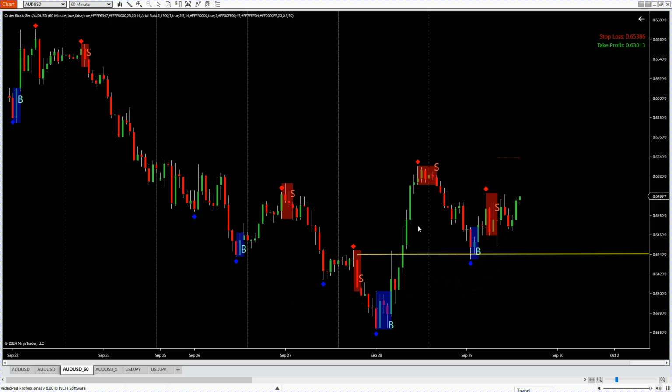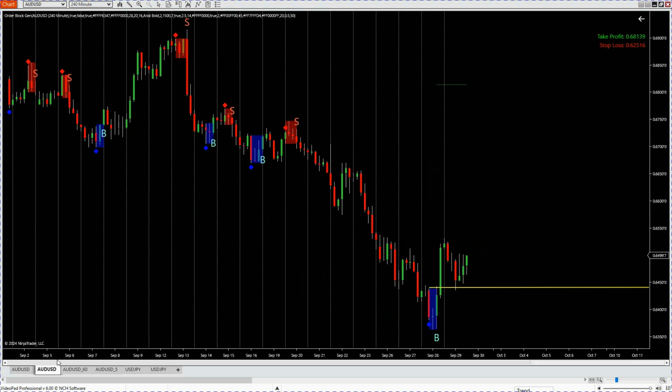Now what we do next is go to an even lower time frame. We'll go to the 5-minute next, but first let's go back to the 4-hour and examine this. On this downward move that follows this bearish block, we don't see any other blocks until we get down to this one, which is the one we're looking at now.